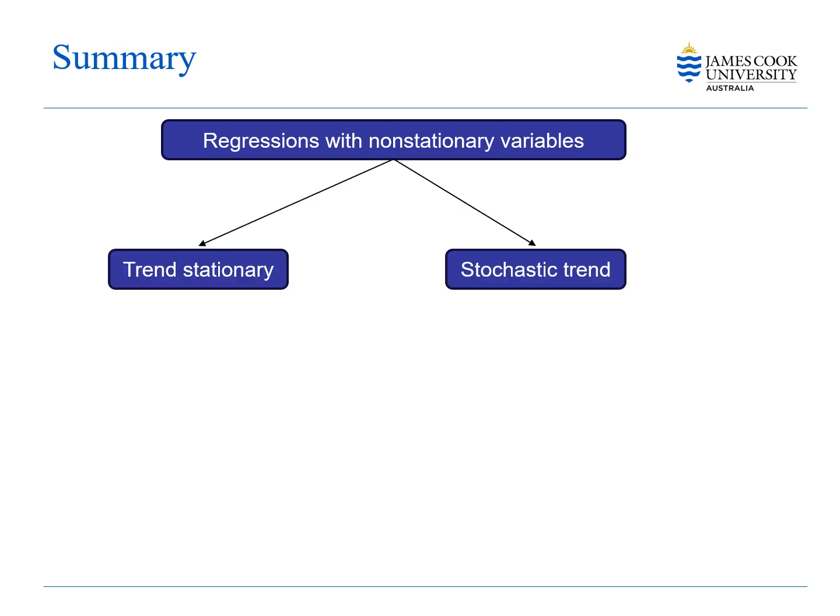All right, let's have a quick summary. We want to do regressions with non-stationary variables. Let's check whether these variables are trend stationary, which means that if we regress these variables against time and predict the residuals, and the residuals are stationary, then these variables are trend stationary.